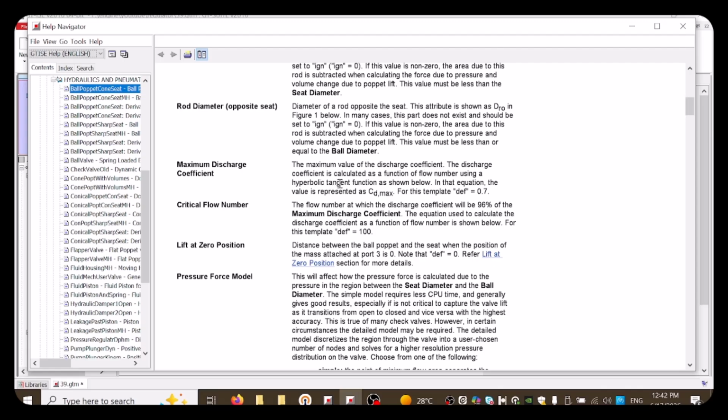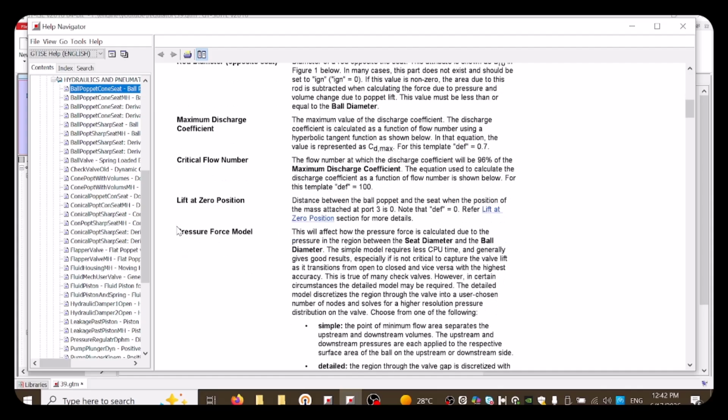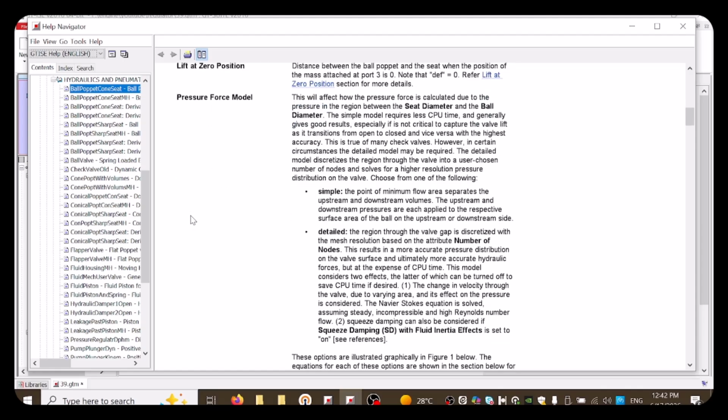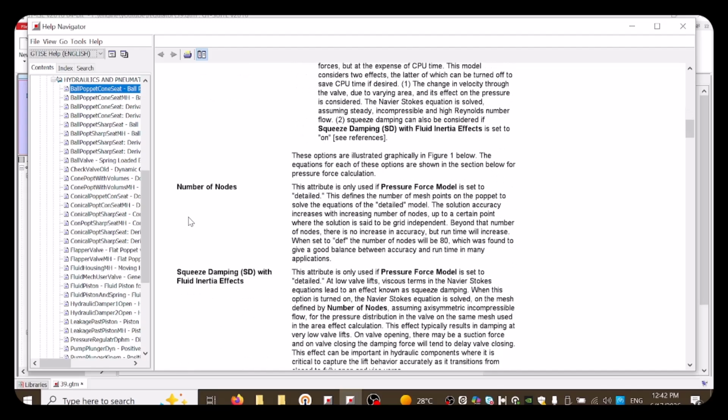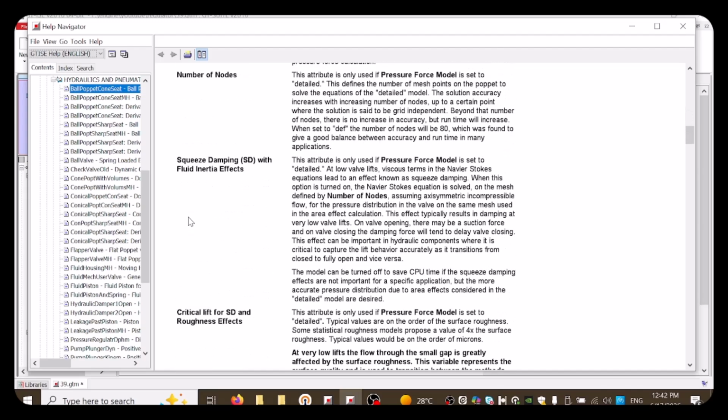Discharge coefficient is calculated as a function of flow number using a hyperbolic tangent function as shown below. Critical flow number, lift at zero position and pressure force model. Number of nodes, squeeze damping with fluid inertia effects.